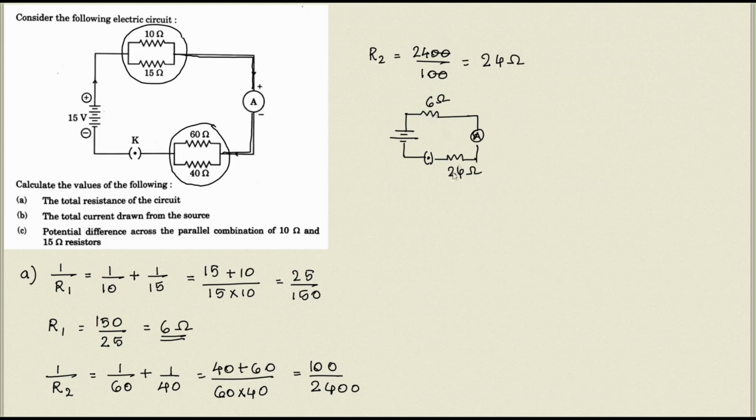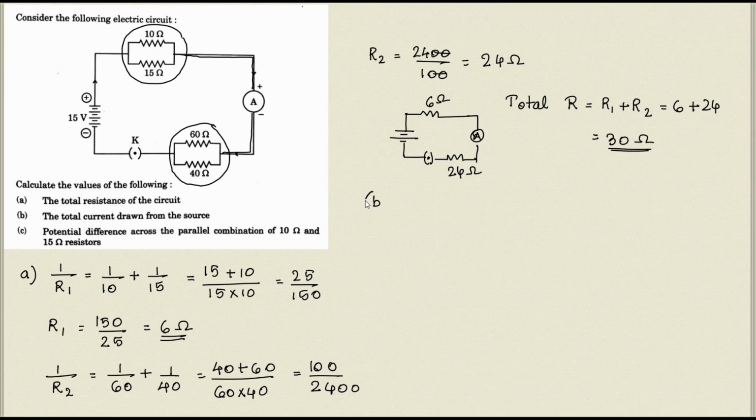Therefore, the 6 ohm and 24 ohm are in series to each other. So the total resistance of the circuit can be found as R1 plus R2, and that is equal to how much is it? 6 plus 24, and that is equal to 30 ohm. So this is the total resistance of the given circuit.